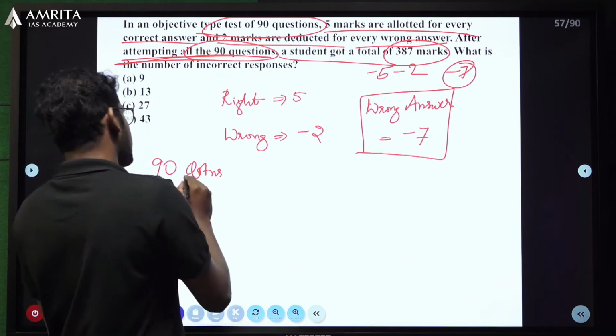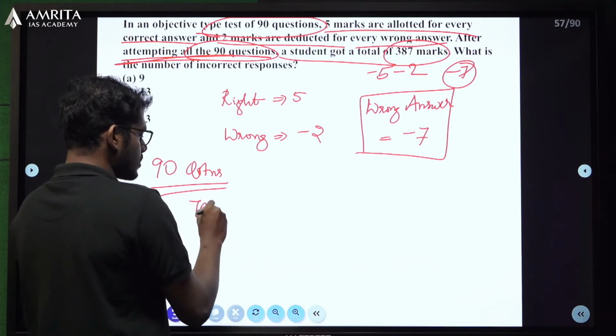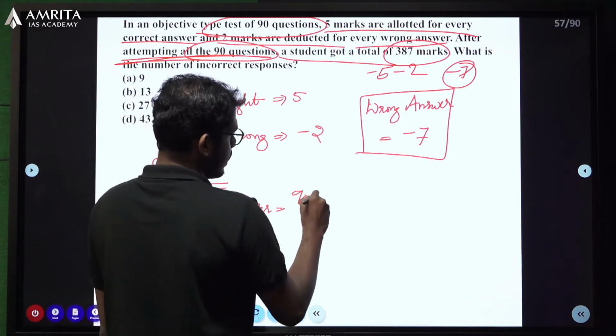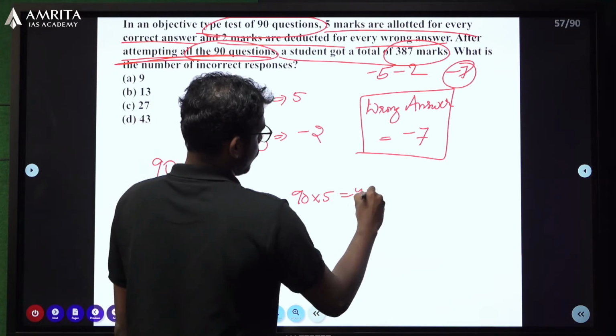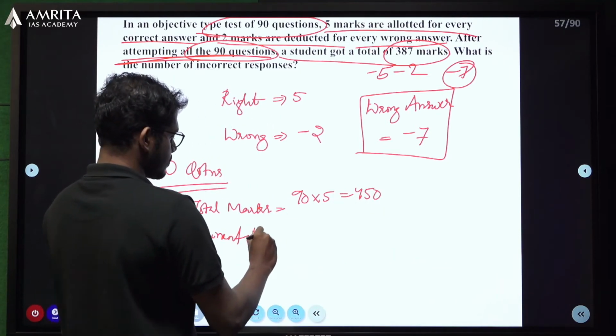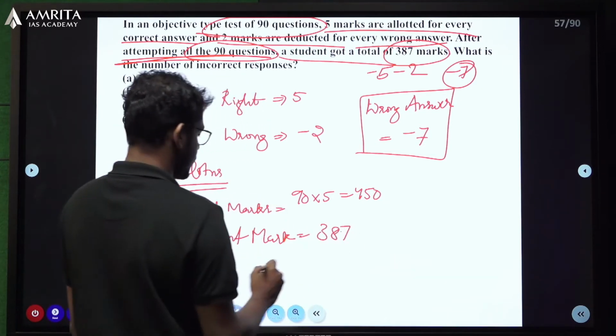So, the student attempted all the 90 questions. Total marks in the paper is 90 into 5, that is 450. Current actual mark is 387.